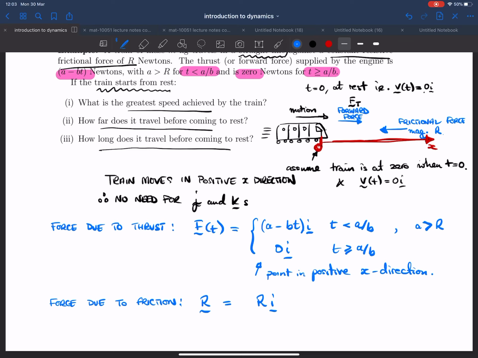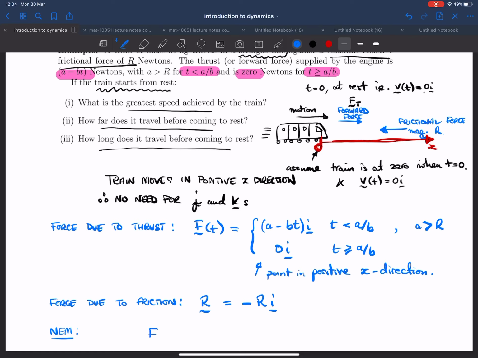Following this, we should tune the sign so that it corresponds to how it acts in the diagram up above. In fact, this points in the negative x direction according to our diagram, so we need a minus in front.